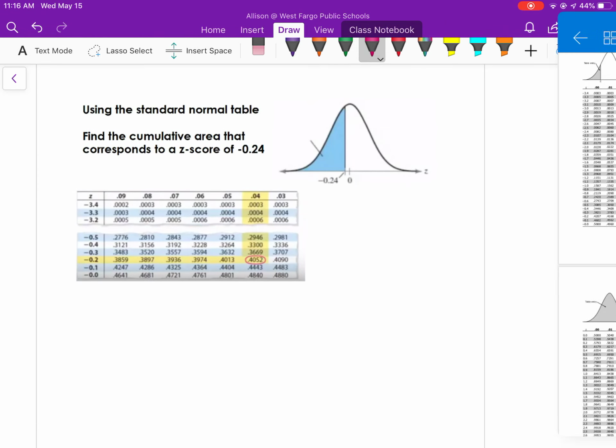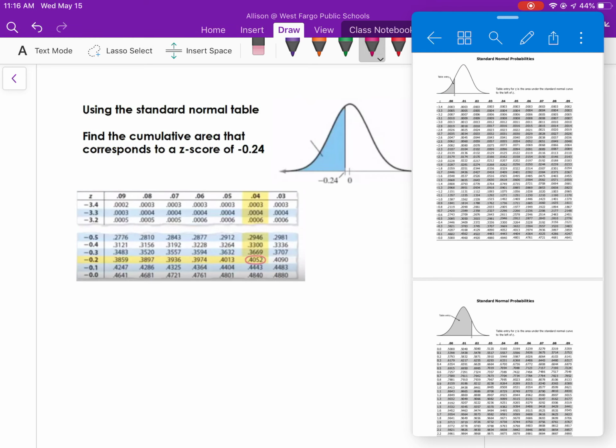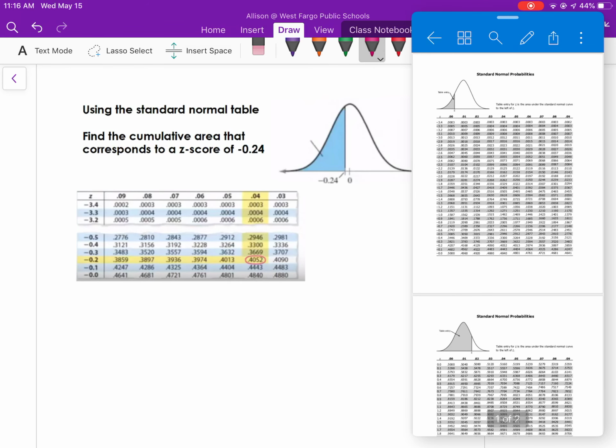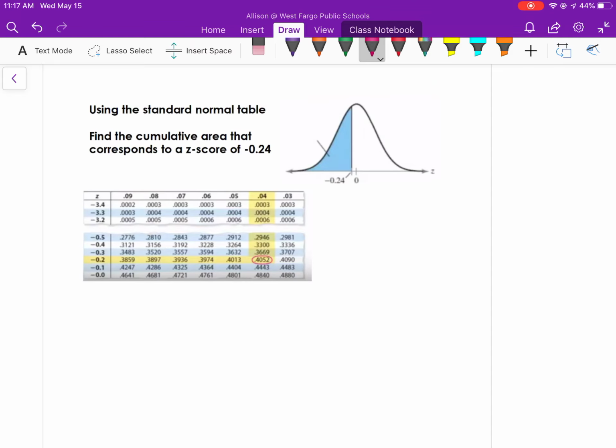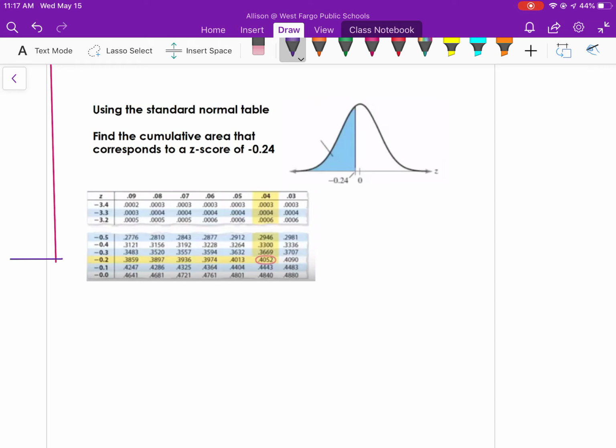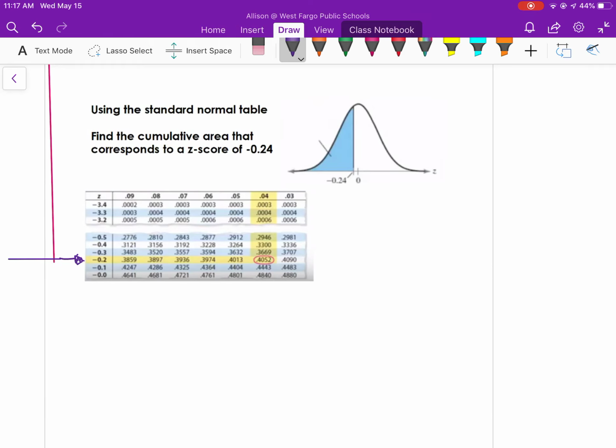And then the z-score table has a negative side to it, so it's got a front and back. So if you're to the right of the average, you use the positive. If you're to the left, you're going to get a negative z-score. Then you flip it over. So if you want to find negative 0.24, you find the negative 0.2 in the row first, and then you find the 0.04 in the column, and where those meet is 0.4052.